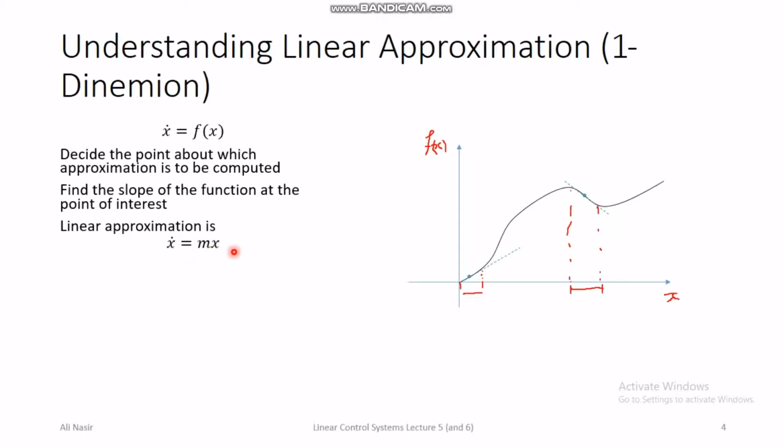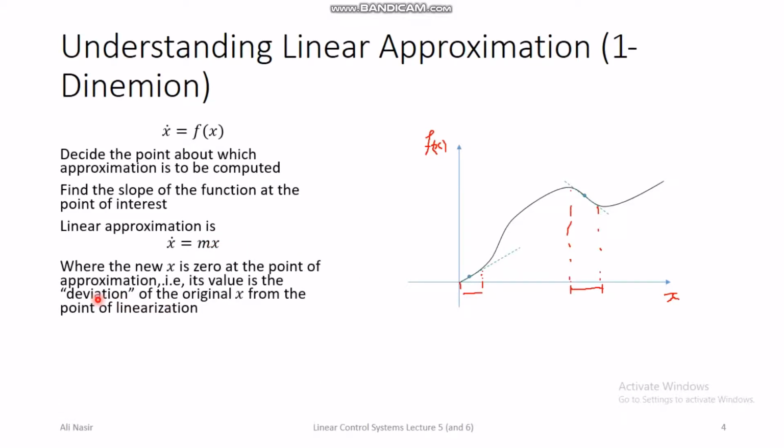But notice that in general there will be a slope plus a y-intercept. For example, in the case of this line, if this point is 0, then its y-intercept is 0. But in this case, the y-intercept of the line will not be 0. So why have we not written the y-intercept here? There is a particular reason behind that.